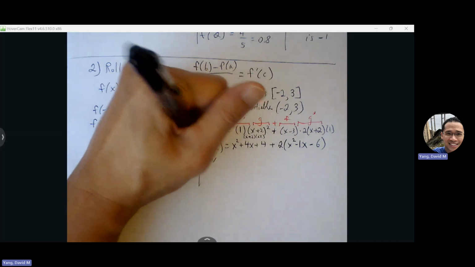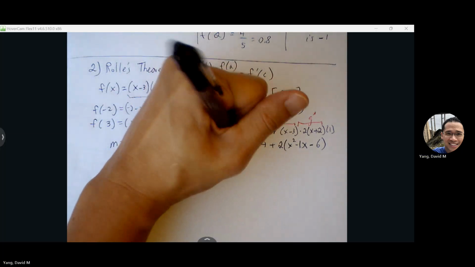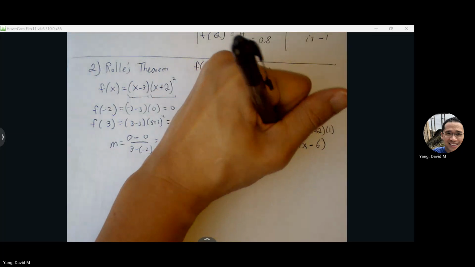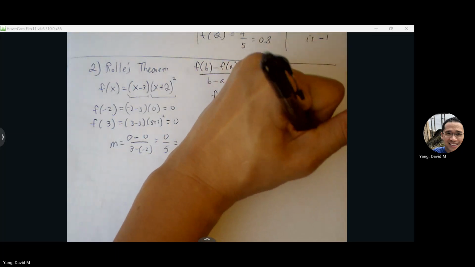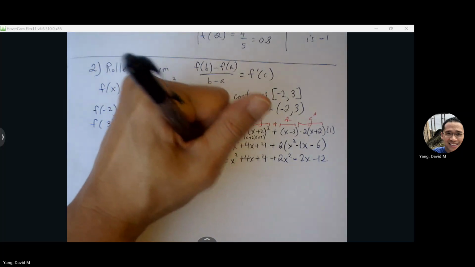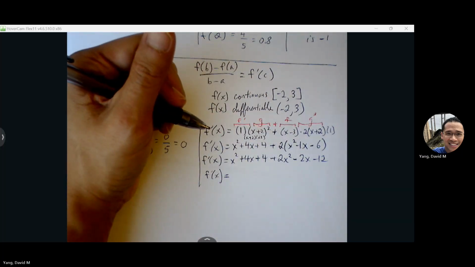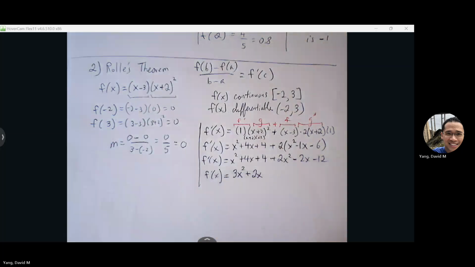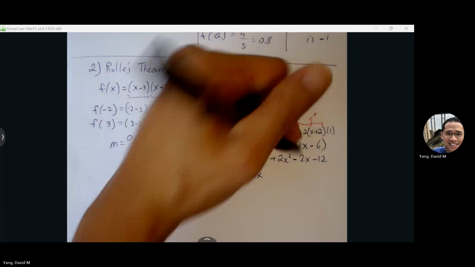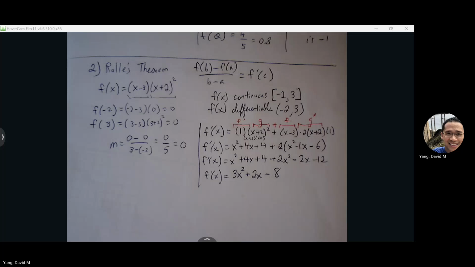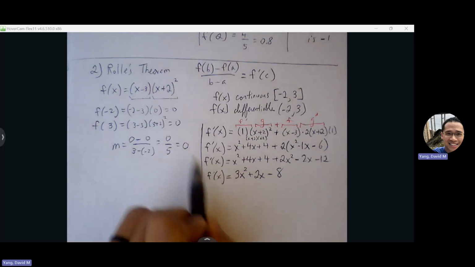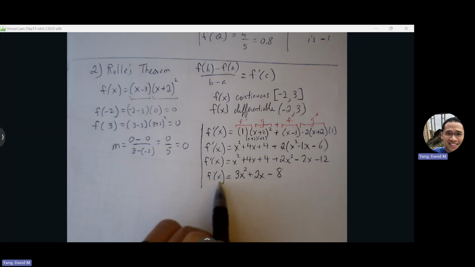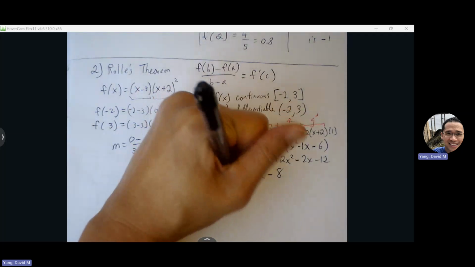Let's see if I can clean this up even more. We know that there's a slope 0 somewhere along this curve, so I can put 0 in for f prime. I can just focus on factoring here.